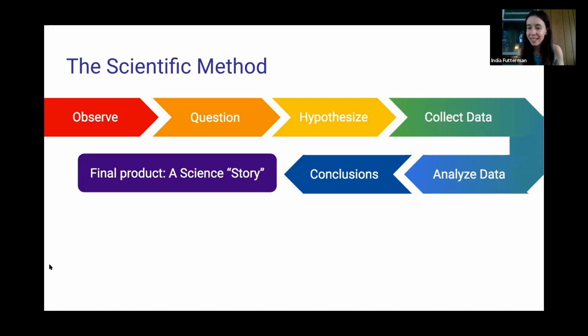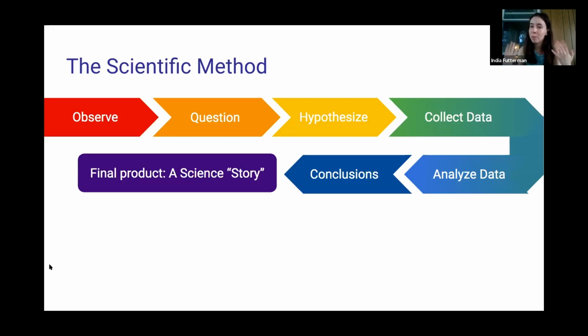We then analyze the data, we throw it onto a graph, and we identify trends like what Mary Ellen was showing, or we'll map the data if we're looking at spatial data and look for spatial trends or patterns. And from that data and the analysis of the data, we can form conclusions about the phenomenon, about the question that we originally asked.